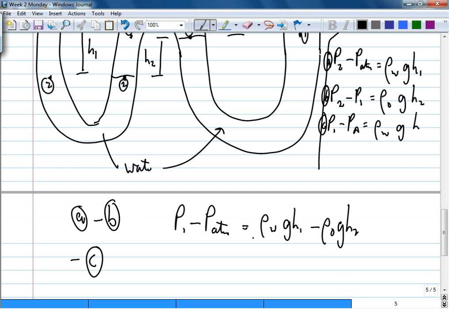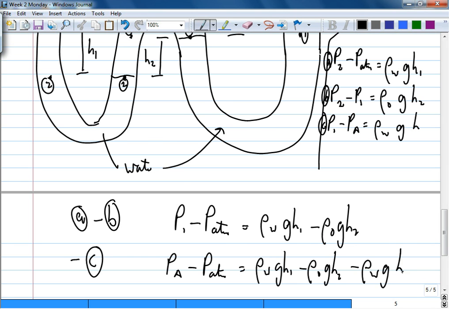Okay? Did I make a mistake? P2 minus P2 gone, minus P atmosphere, minus P1. Correct. So, minus C again. So, P1 minus P1, no more. So, I get PA minus P atmosphere, because minus PA minus C, so get gone, is equal to rho water g h1 minus rho oil g h2 minus rho water g h3.